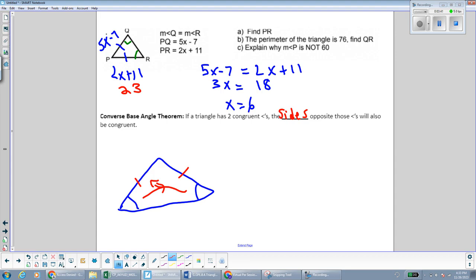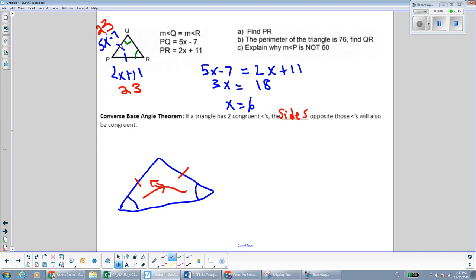The next question says, the perimeter of the triangle is 76. Find QR. We can plug in our x value into PQ first because we have the expression 5x minus 7. 5 times 6 is 30. Minus 7 is also 23. And that makes sense because we already concluded that these two sides of the triangle should be equal to each other.